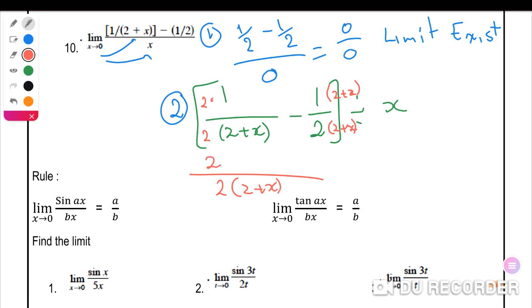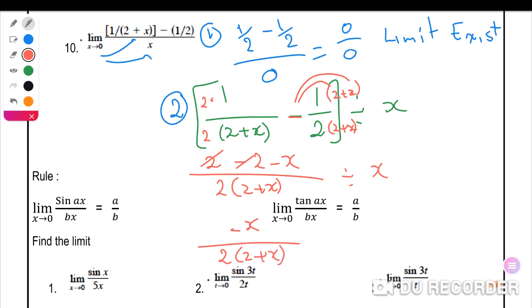Distribute. The negative doesn't mean for 2 only or for x only, but for the expression minus 2 minus x. Divide what? x. Simplify this rational expression. This cancels together, so it will be negative x over 2 multiply 2 plus x.